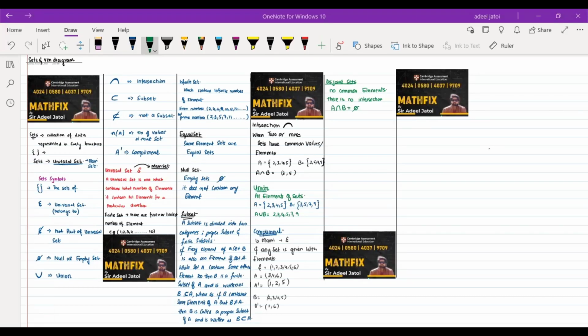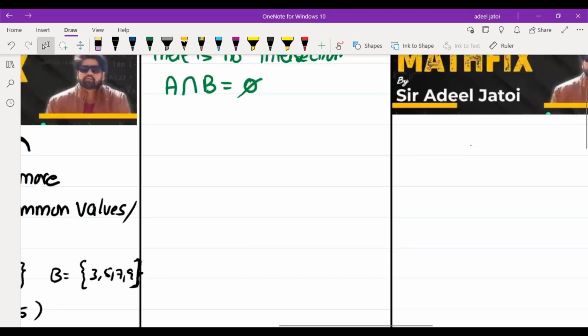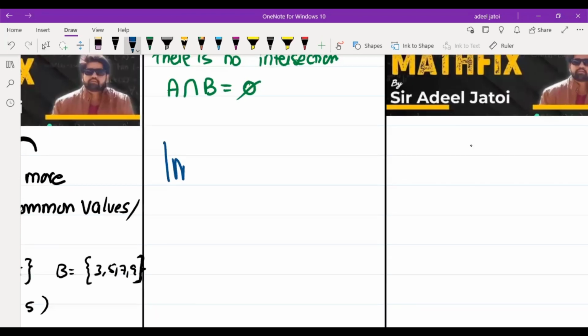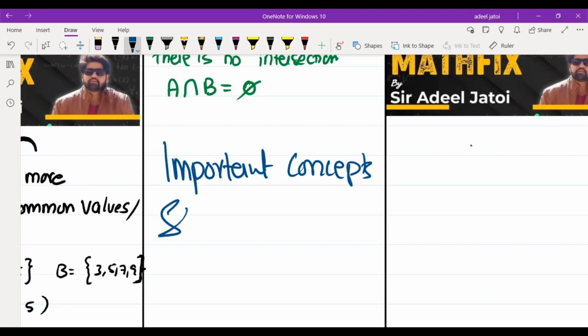Now, see, the most important part is what to do in the question or how the question will be asked. This entire thing was basically what the notations are and what the things involved in sets are defined as. But let's just say the important concept starts now.